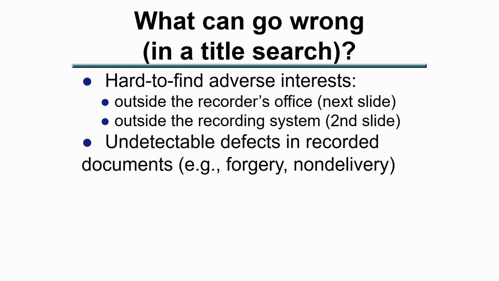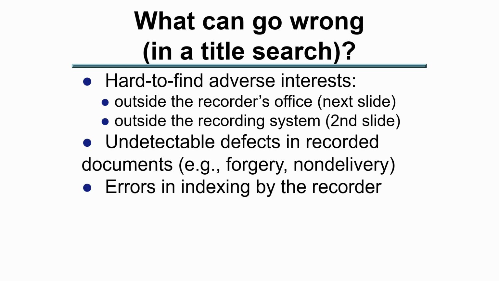In addition, the existing documents that are in the public records may have defects in them, but those defects may be undetectable. We look at the document and it looks just fine. We don't realize that it's defective and doesn't really convey the interest in land that it seems to convey. Then there are errors in indexing by the recorder.